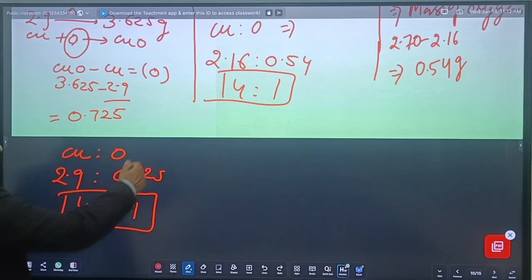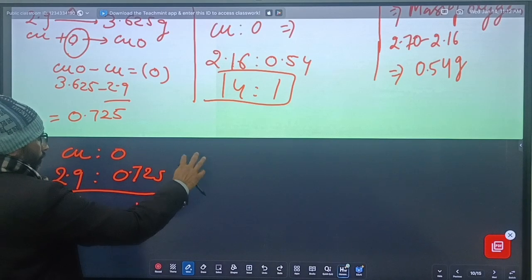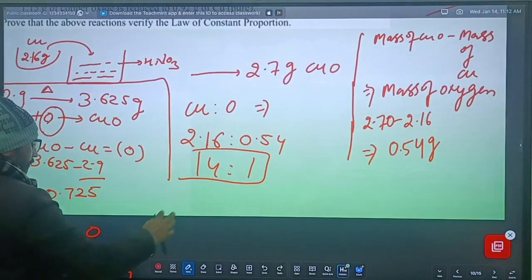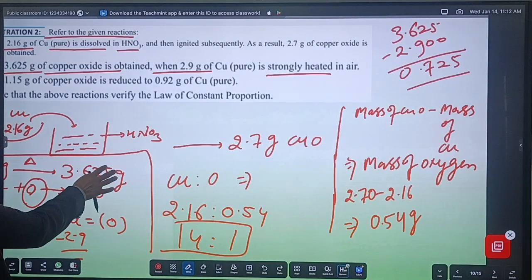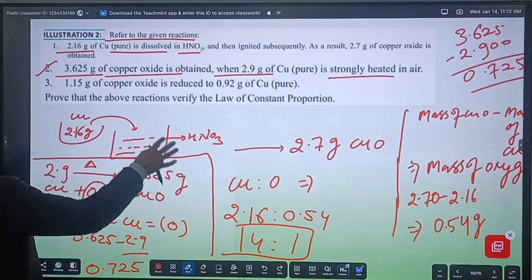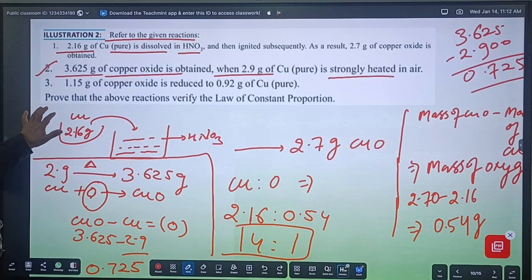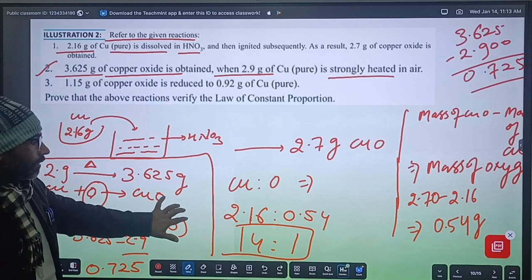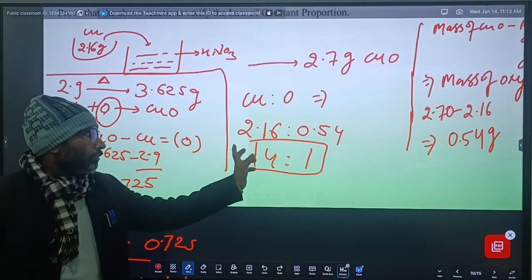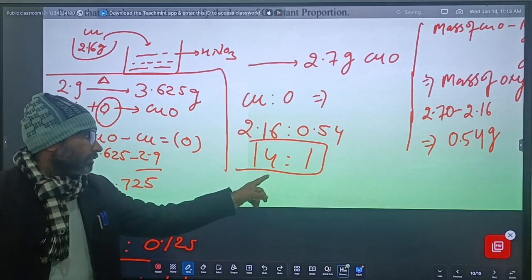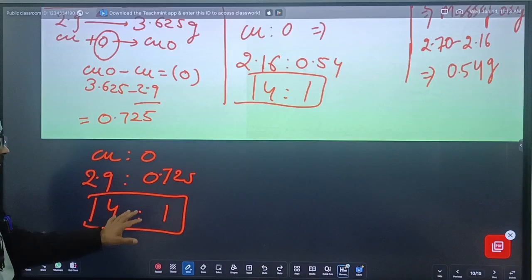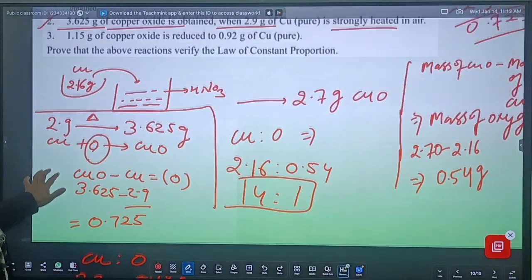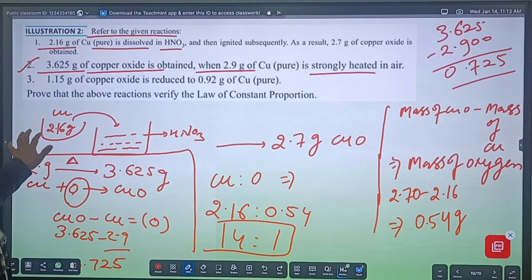So in both the experiments, the mass ratio of the copper to oxygen is 4:1. It means that mass ratio remains constant. This is known as the law of constant proportion. Ratio of mass of copper to oxygen remains the same. Constant proportion means same ratio. In every experiment this ratio comes out the same.